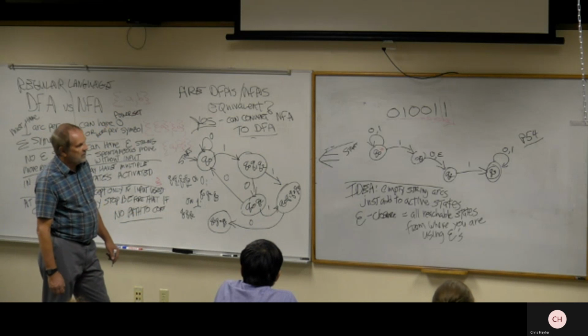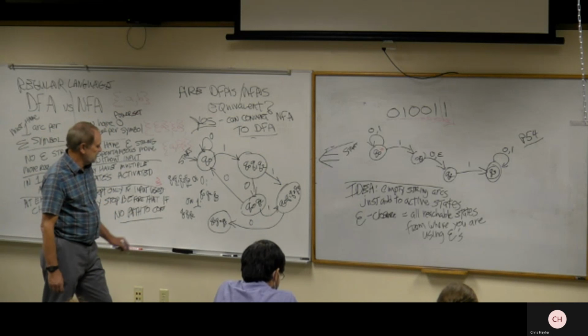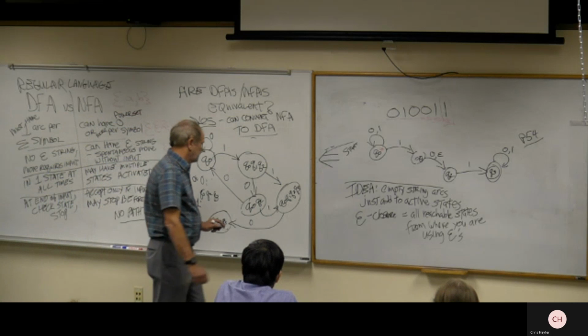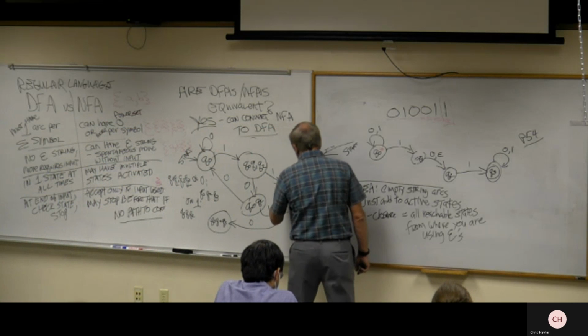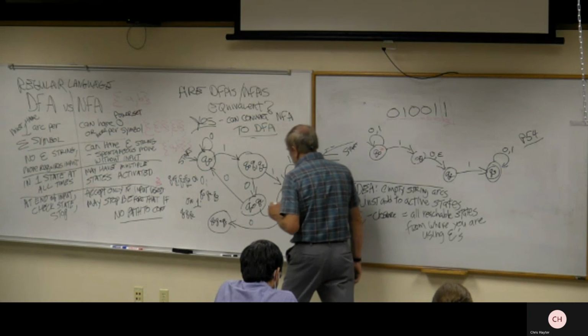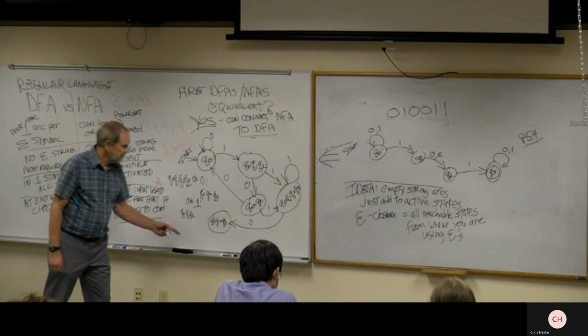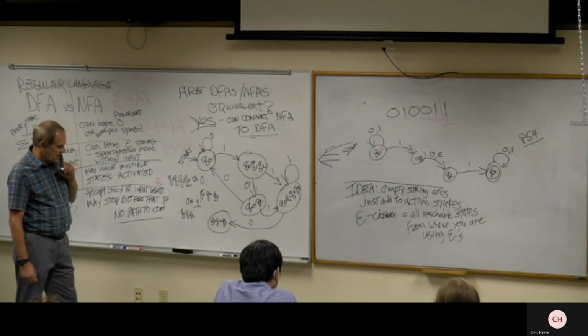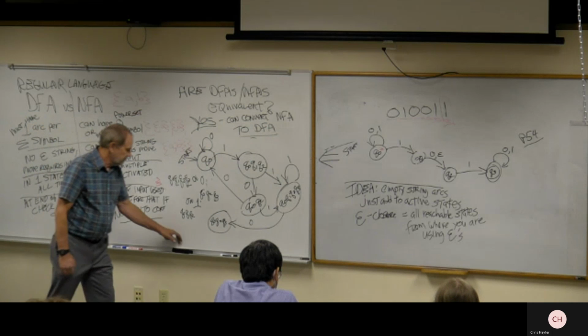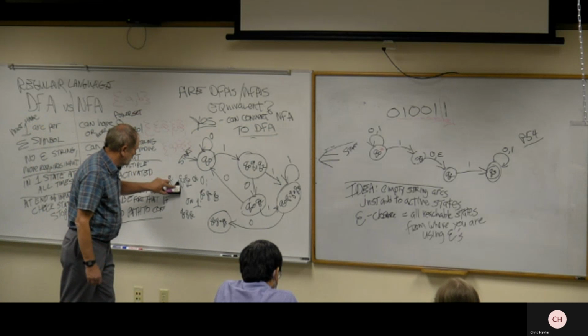And Q2 gets us Q3, epsilon. Right, so all of them. Looks like it's 0, 1 to loop on itself. Finish this guy off, hopefully. Q0, Q2, Q3.